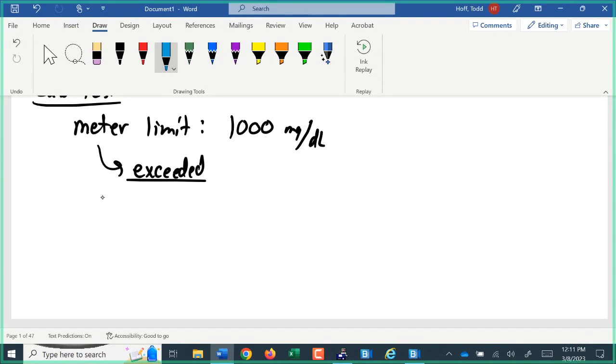So let's say we use the blood to form a 2 in 5 dilution.